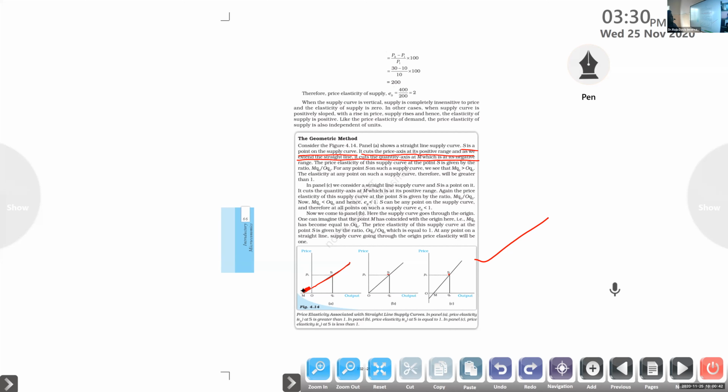The price elasticity of this supply curve at the point S is given by the ratio MQ0 divided by OQ0. This is the M. This is the x-axis.